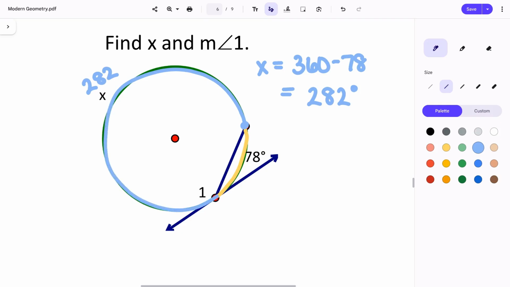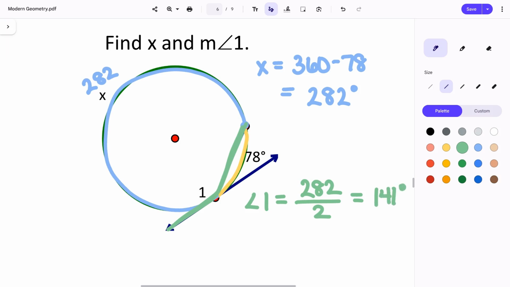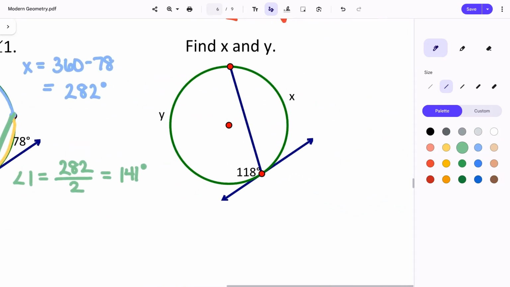What would we do then to find angle 1, which is this angle here? We would just take half of that, right? Because it's the intercepted arc, that 282. So to find angle 1, we take 282 divided by 2, and that leaves me with, good, 141. Very good.